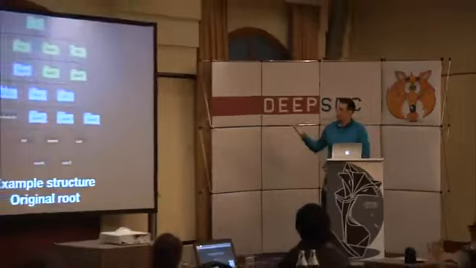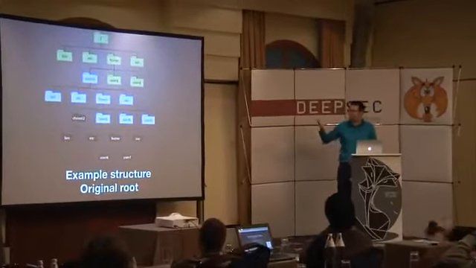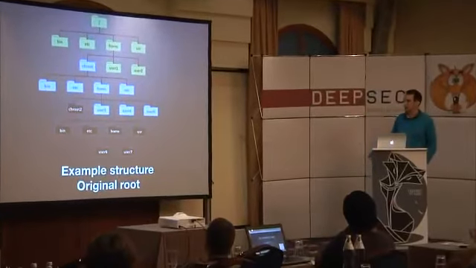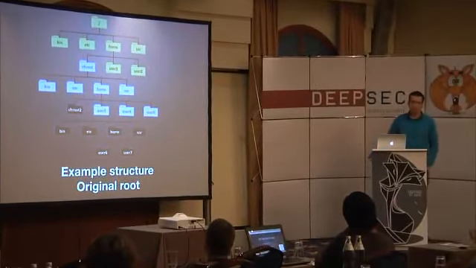I'm going to tell you, but first I'm going to show you an example here. So this is the full file system. On the top we have the original root. Under that we have all the necessary directories, the bin, the etc, home, and user, for example. And in the home we have the chroot directory.